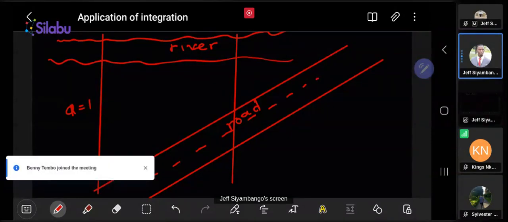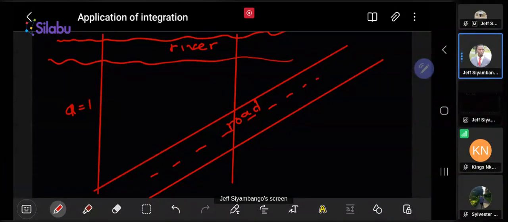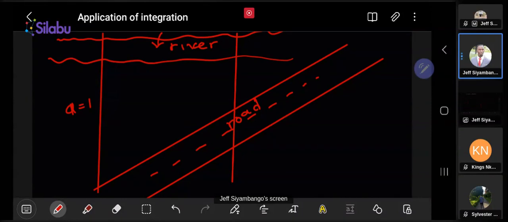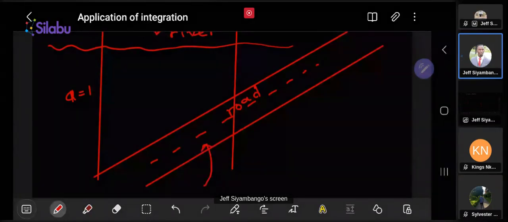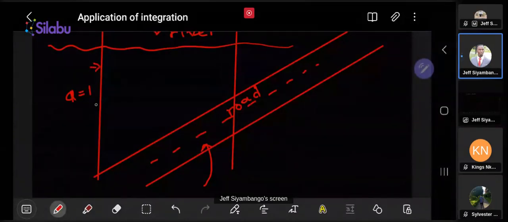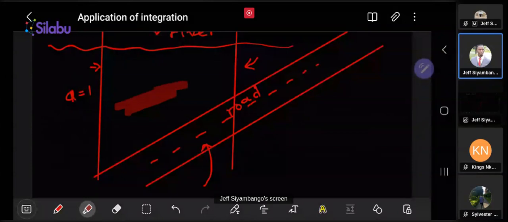What this is doing is you are saying that your plot is bounded by the river, that is the first boundary, and it is also bounded by the road, which is the second boundary. But it starts only from that tree, another boundary, and it ends at that tree. You have a fourth boundary. So your plot is only going to be this area here.